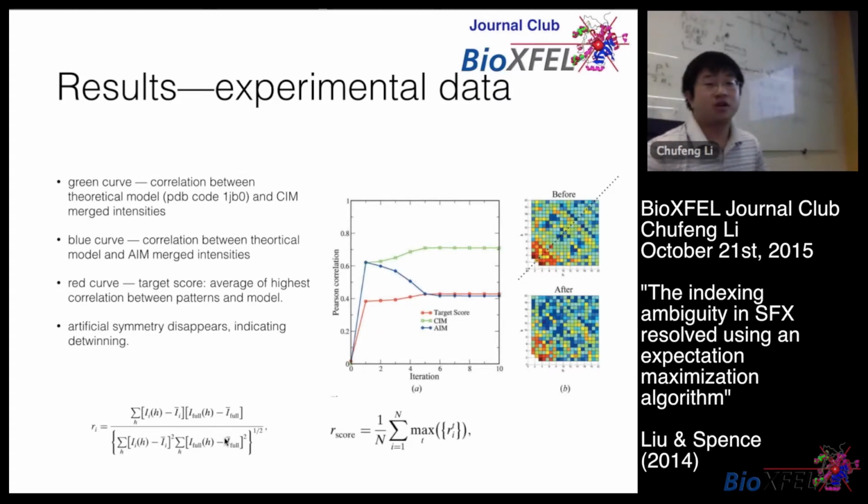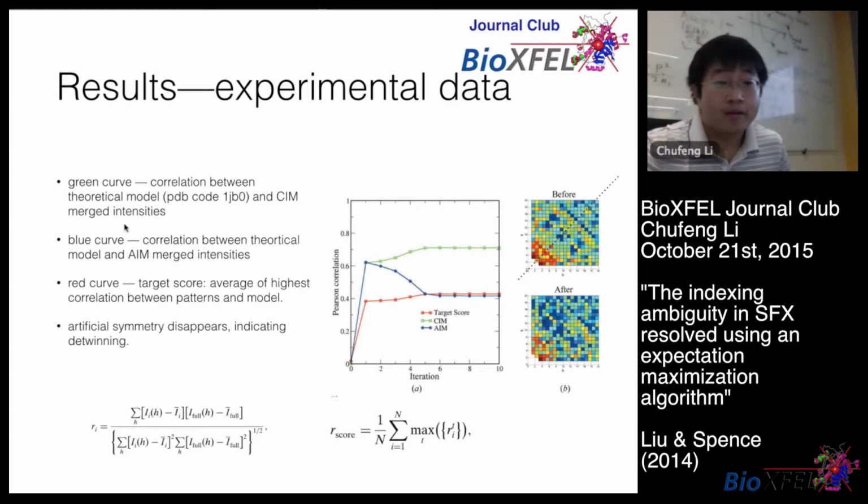So how does this work? To check if this EM algorithm works for the real experimental data, the authors calculated the correlation between the reference model, the theoretical model, which is calculated from the PDB data, and the merged intensities for both CIM indexing mode and AIM indexing mode.